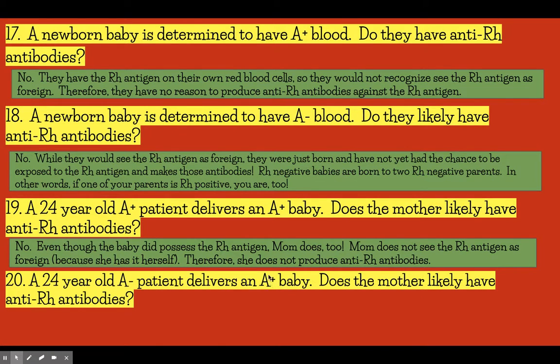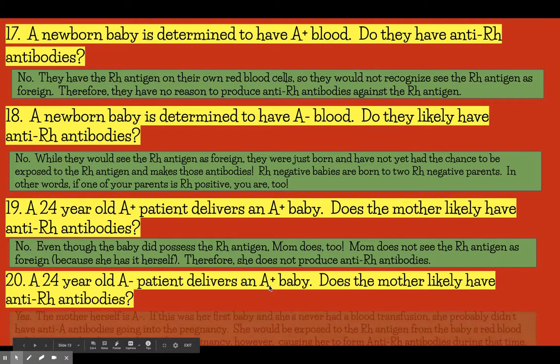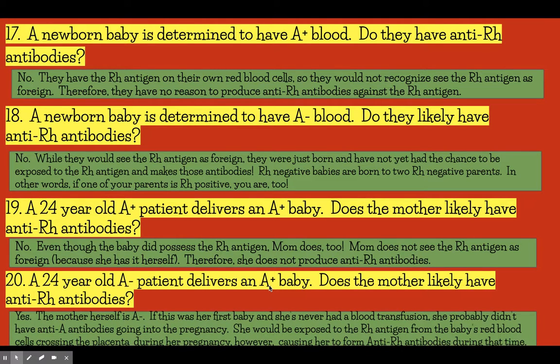This baby is A positive, so this baby actually exposed her to the Rh antigen, causing her to begin forming antibodies. That's kind of what happened for that woman during her first pregnancy.